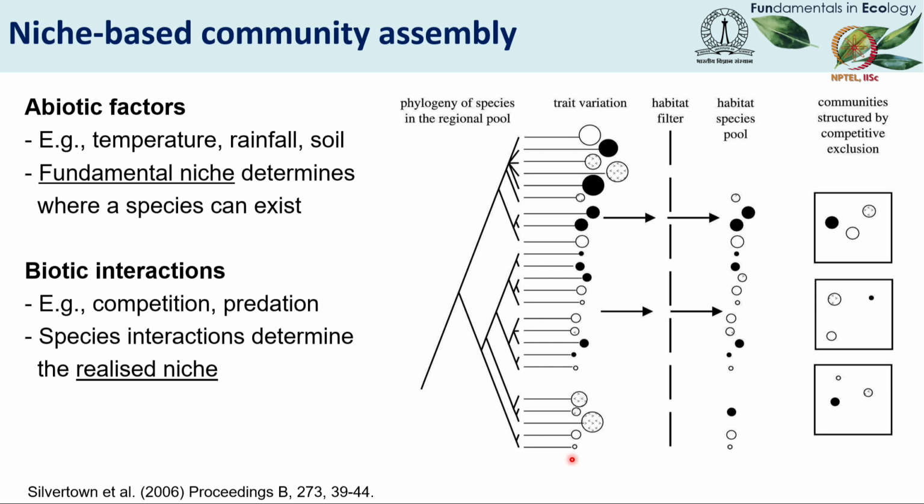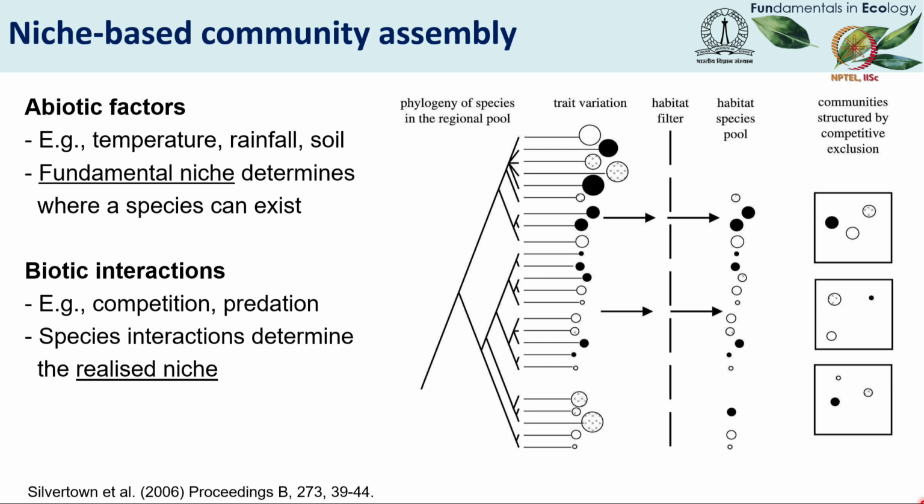Let's say size is related to temperature tolerance. Larger species, represented by larger circles, are cold adapted, and species represented by smaller circles are more warm adapted. So size in this case represents variation along some important trait, and that trait is temperature tolerance, where these larger circles represent cold adapted species.